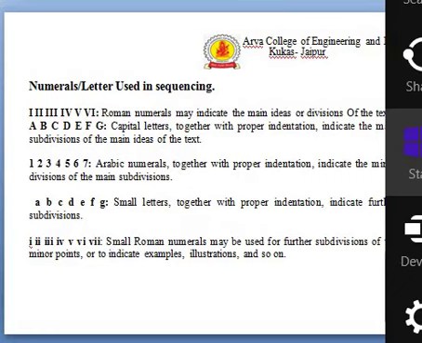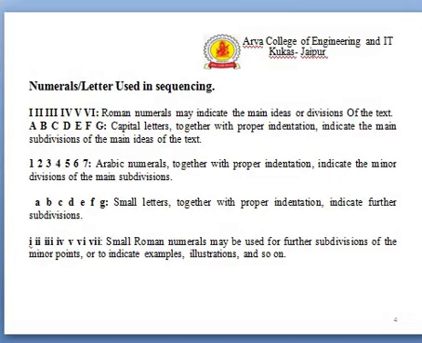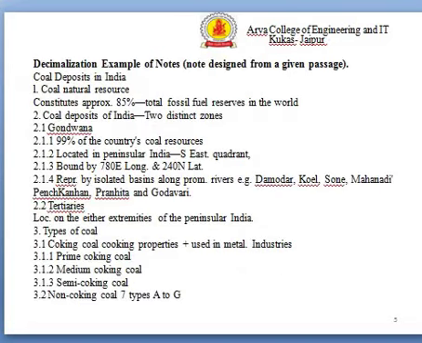So here the things are getting clear, I think. These are the alphabets and numerals and their priority: which number or alphabet should come first as per the rank of the idea. After this, the decimalization technique puts the same notes into the form of decimals.